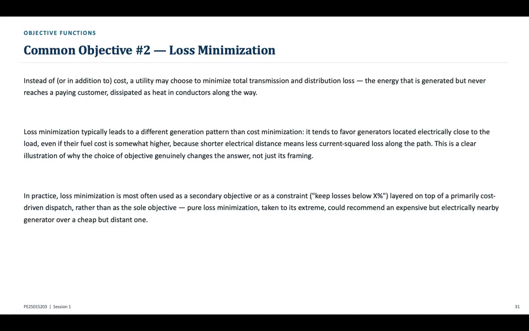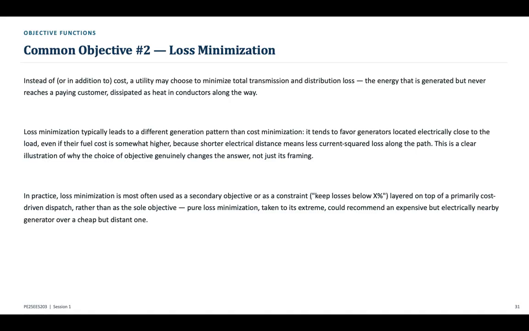This is a clear illustration of why the choice of objective genuinely changes the answer, not just its framing.